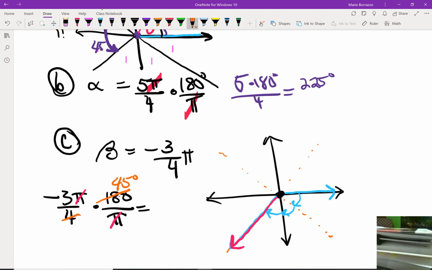Remember, that's 45 degrees. I'm left with -3 times 45. So my angle measure in this case should be 135 going this way. So all of this from here to here is 135 degrees. And it is a negative angle.